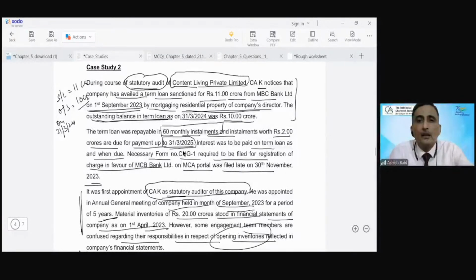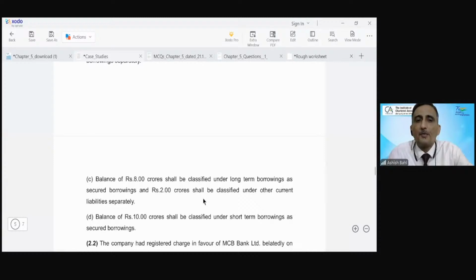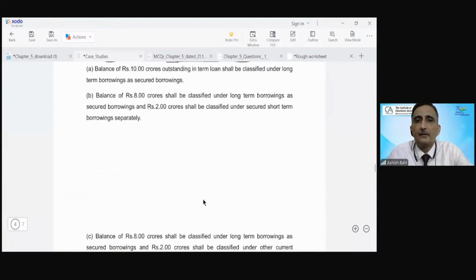So interest is to be paid, and a charge was filed belatedly, but it has been filed. So see the options now. These are options A, B, and these are options C and D. Yes. 4 options are there. Which of these options is correct?